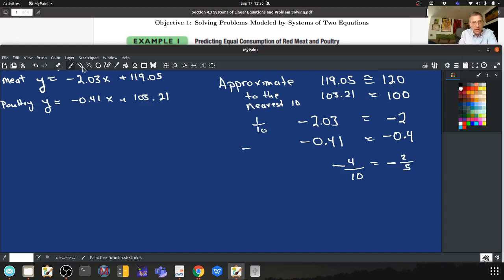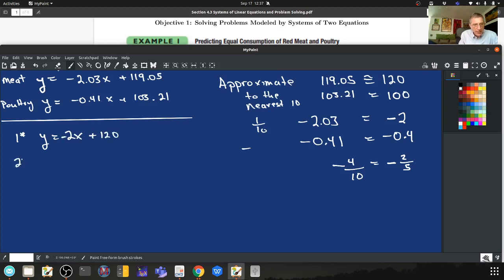So now with these approximations, that's close enough, and it makes it much easier to do without a calculator. So I'm going to put my first equation, y is equal to minus 2x plus 120.